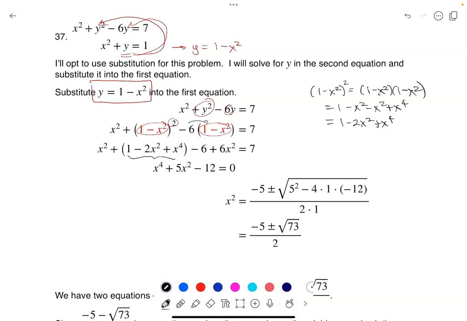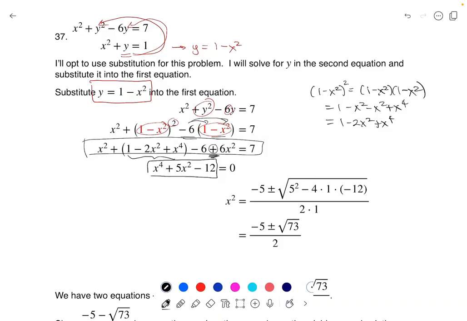In this one, I distributed the -6, and just take note of that sign: when I did -6 times -x squared, I had positive 6x squared. Then I simplify the whole thing, and I'm left with x to the fourth plus 5x squared minus 12 equals 0.